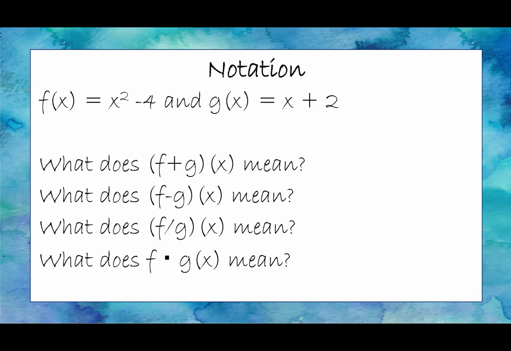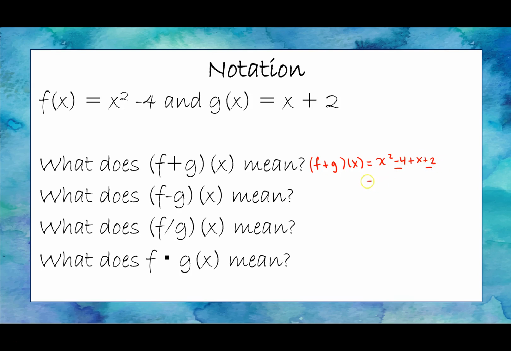Let's go ahead and actually do it. So if I wanted to find f plus g of x, I'm just going to add those two functions. So I'm going to have an x squared minus 4 plus an x plus 2. Well, the only thing that I can combine in this case is going to be the minus 4 and the plus 2.